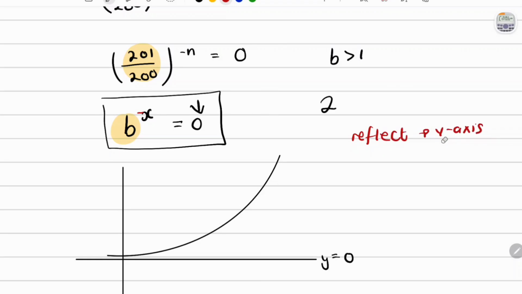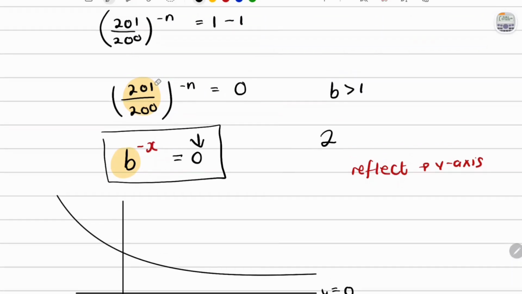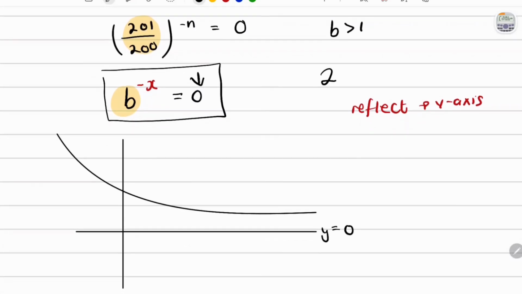So it's just going to form a mirror image through the y-axis like that. So this is actually our graph, b to the power of negative x, and it fits to this one. It really just looks like that. So we're trying to find out what our solution should be if we're trying to make this equal to 0.